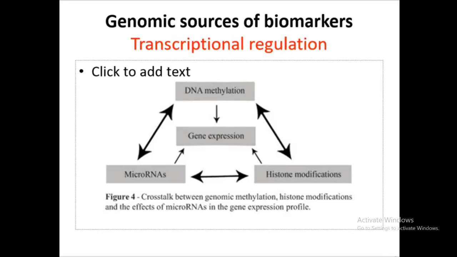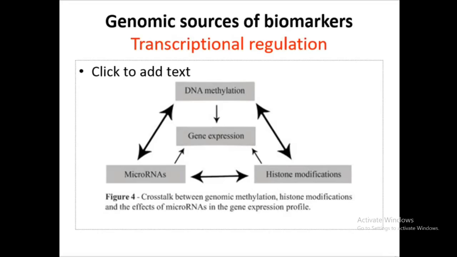And we've also talked about the influence of histones and how that can impact gene expression. And with all of this centered around gene expression, any alteration to any one of these, whether it's DNA methylation, microRNAs, or histone modifications, they can all give us an indication of normal functional physiology.